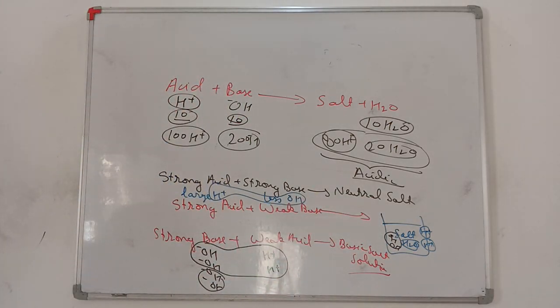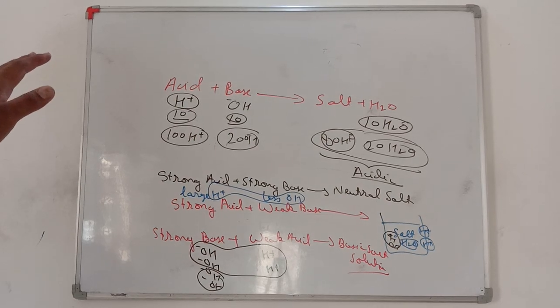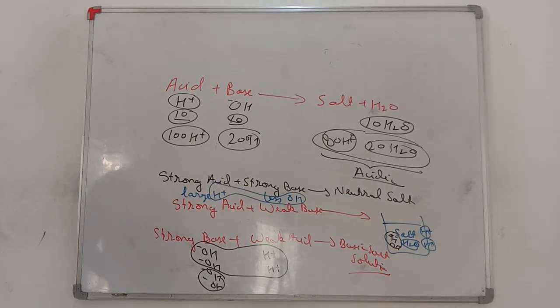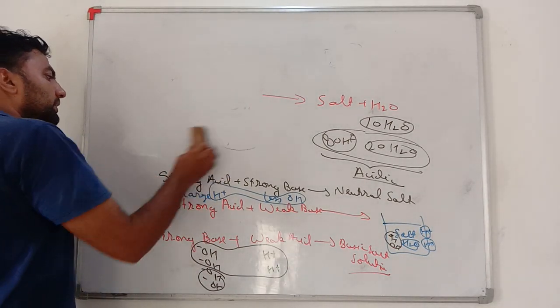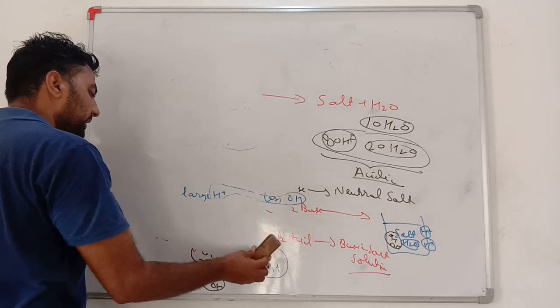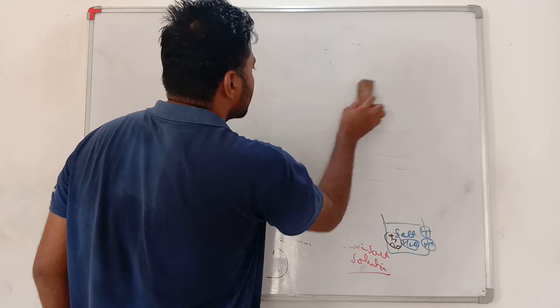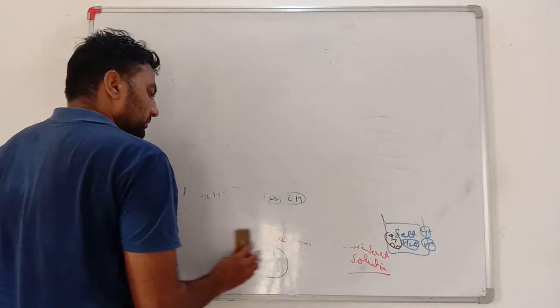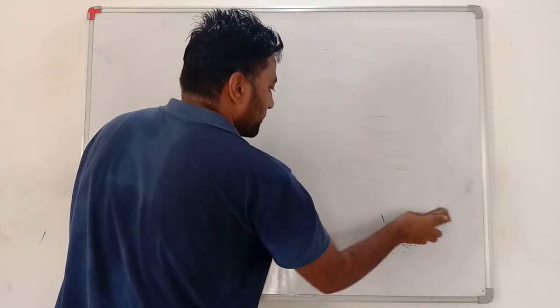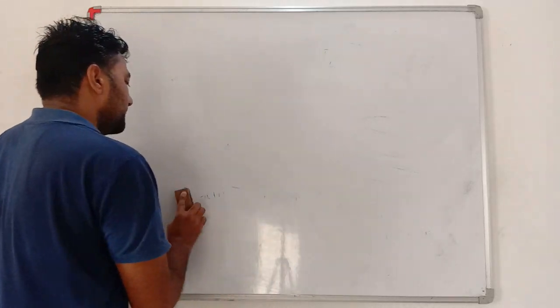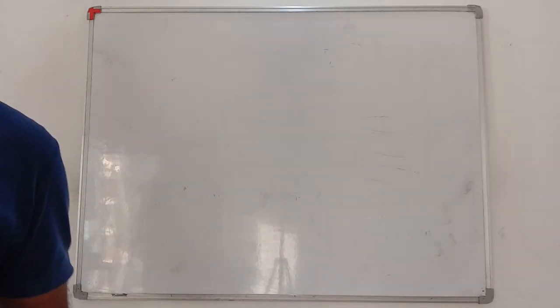Okay, my dear students, now we will see salts, usage of salts, and what common salts are present. Okay, students, now we will see a few of the salts, their sources, and what their uses are. See, my dear student, the most common salt is sodium chloride, which we also call table salt, and we use it daily.